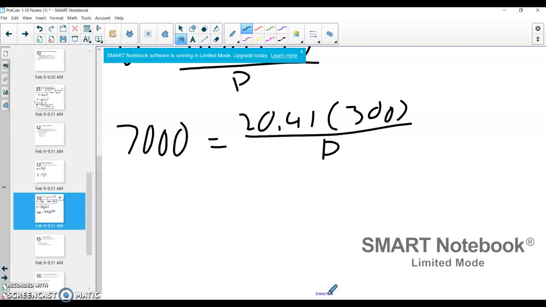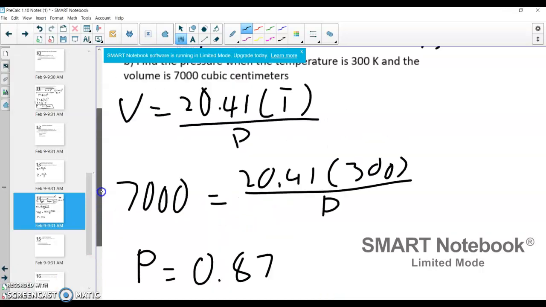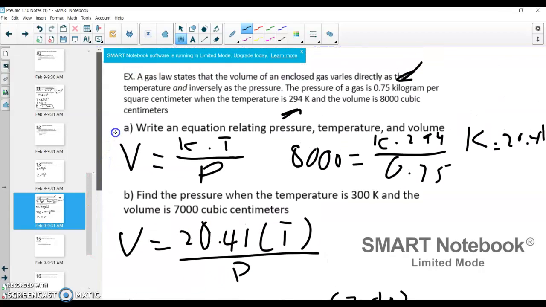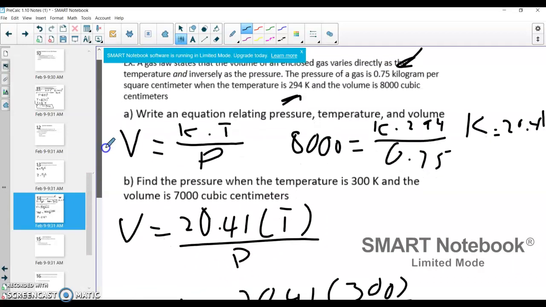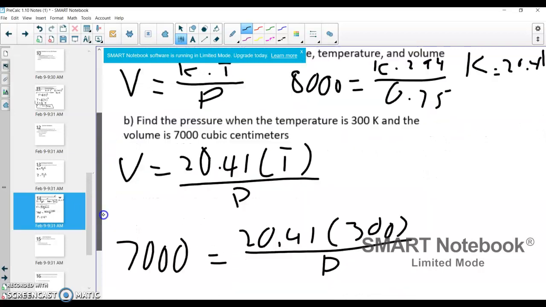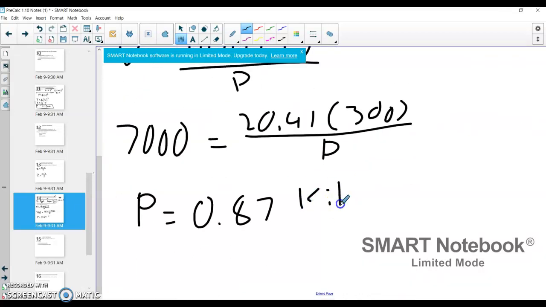Again, I'm just going to use my calculator here and solve for P. After I calculate it out, I have P equaling 0.87, and that would be in the same units as before, kilograms per square centimeter.